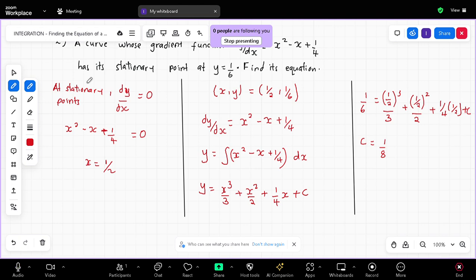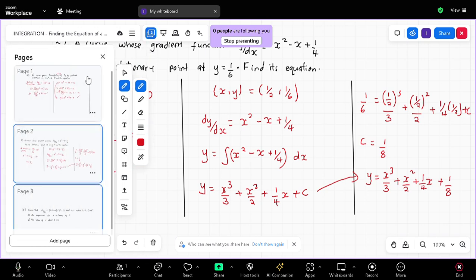So this equation now translates to y equal to x cubed over 3 plus x squared over 2 plus a quarter x plus c, but c is 1 over 8. So this is the equation of that given curve, and it's just as simple as this, the way I'm doing it. Very simple to solve.